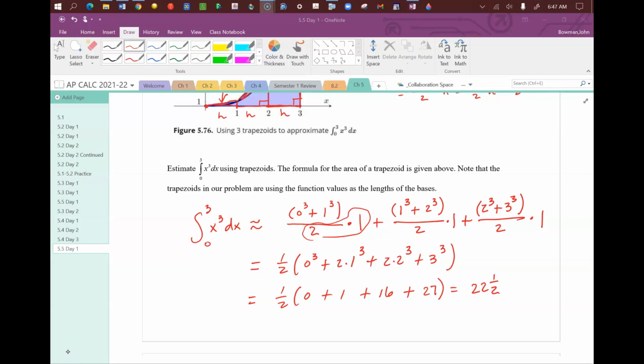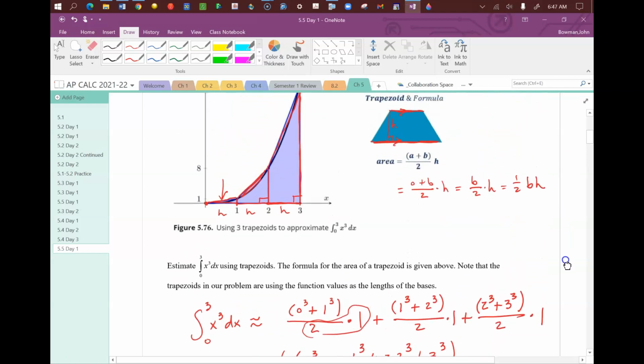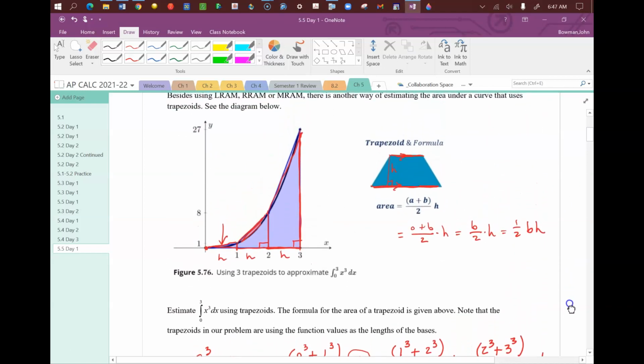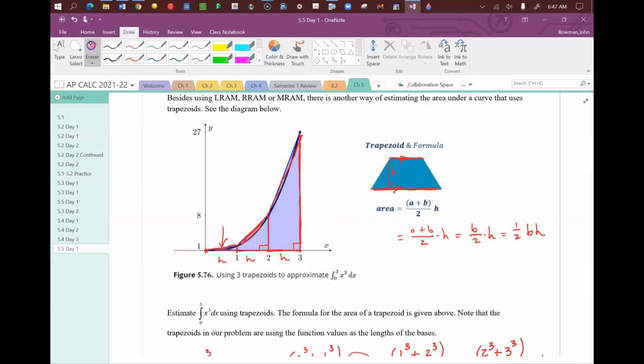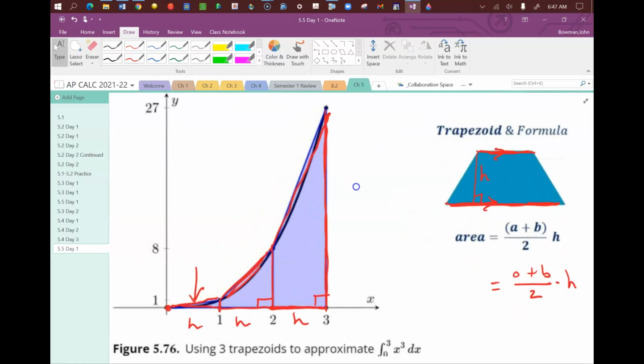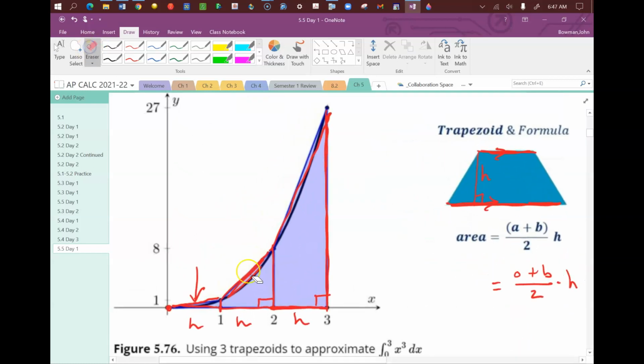So as before, when we were using LRAM and RRAM, we often ask ourselves the question, is this an overestimate or an underestimate? And to answer that question, you kind of have to zoom in on this picture a little bit and take a look at these segments right here, the non-parallel sides.